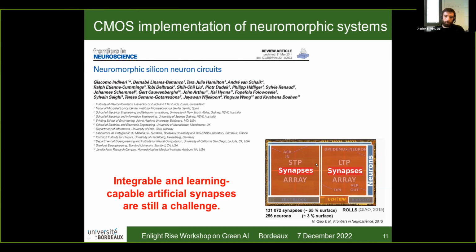But when it comes to implementing CMOS synapses, it's a bit more difficult, in the sense that those solutions usually require a lot of silicon area, and that's what defines the price of your chip. So we are facing the challenge of building integrable and learning-capable artificial synapses for those kinds of architectures.